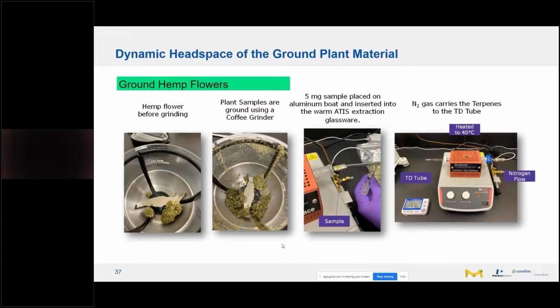So in this example, on the left is the flower, then our grinder, then sampling from a bag using Sipelco's ATIS extraction system, and how we transfer those materials onto our thermal desorber tube.